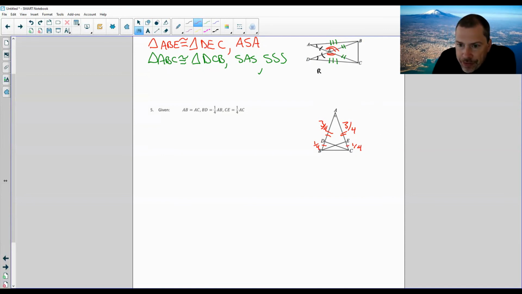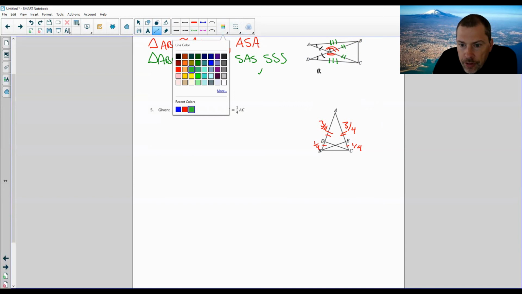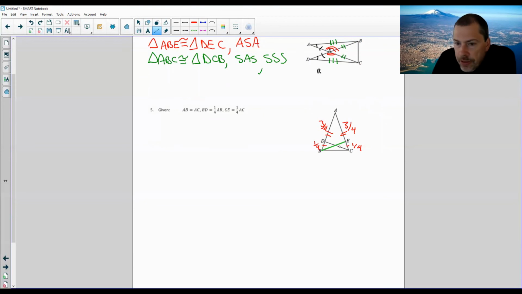So now I have side AB congruent to side AC. We knew that. But I also have, let me do a different color because it's hard to visualize if I don't. Let's see, if we're looking at this triangle here, let me copy this down.